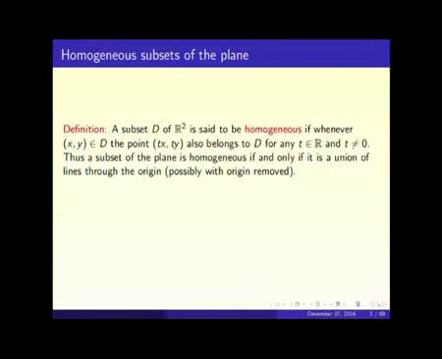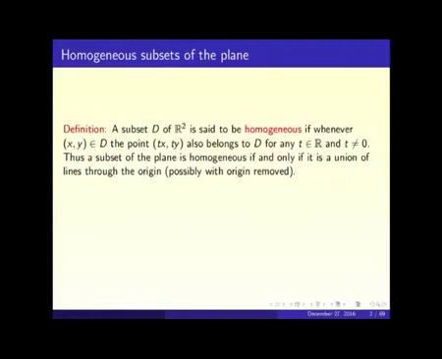Alright, so let's begin with the definition. You see it on the slide. A subset D of the plane. We are always going to be looking at subsets of R2. A subset D of the plane R2 is said to be homogeneous if whenever you take a point (x, y) in the domain D and multiply it by a scalar t not equal to 0, the point (tx, ty) must again be in D. In other words, when you take a point (x, y) in the domain, t times (x, y) is simply a point collinear to (x, y) with the origin.